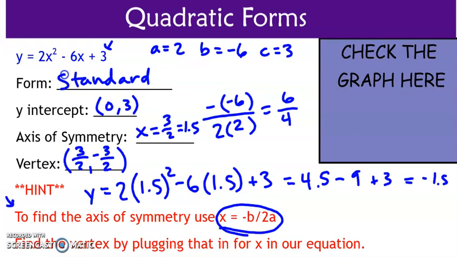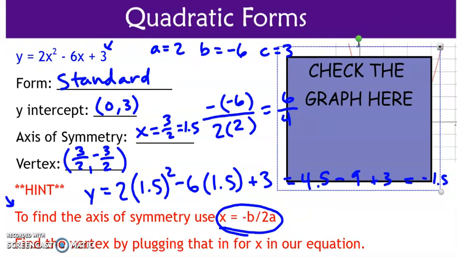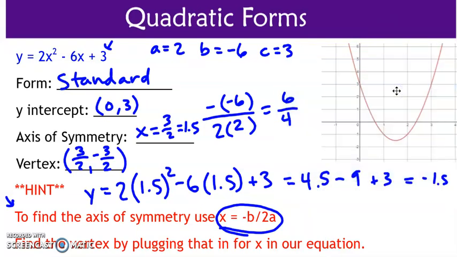And in this case, we would have a little bit of work to do for the x-intercepts. So we're just going to check the graph and see what we've got here. Just check that we've got our y-intercept of 3. That looks good. And then our vertex is here, halfway between 1 and 2, and down here, halfway between 1 and 2.